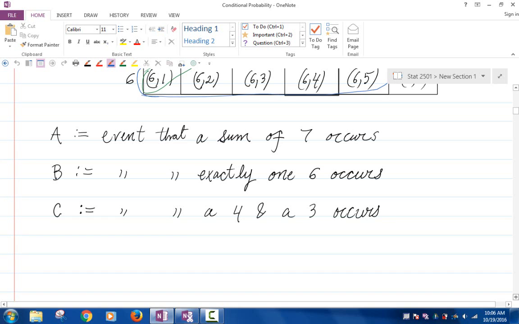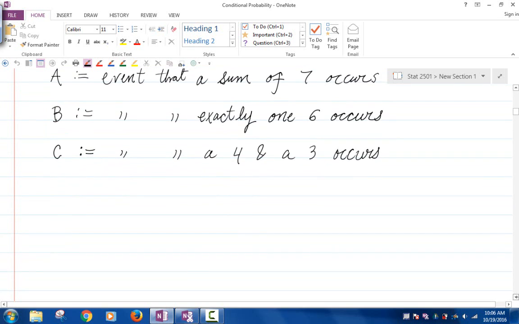Could somebody please tell me what's the probability of A? Now, what is the event A, by the way?